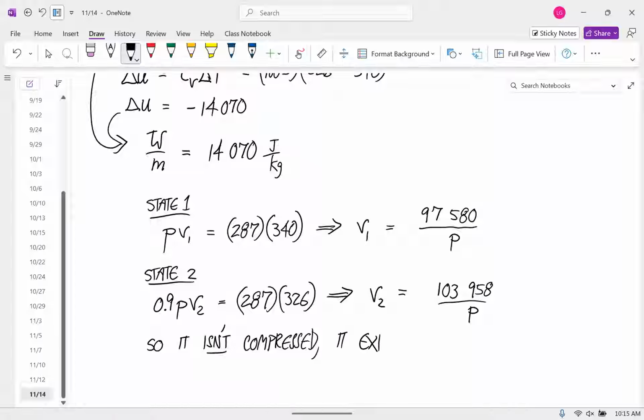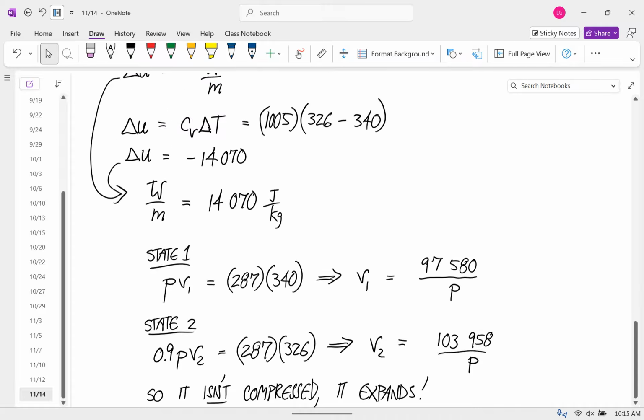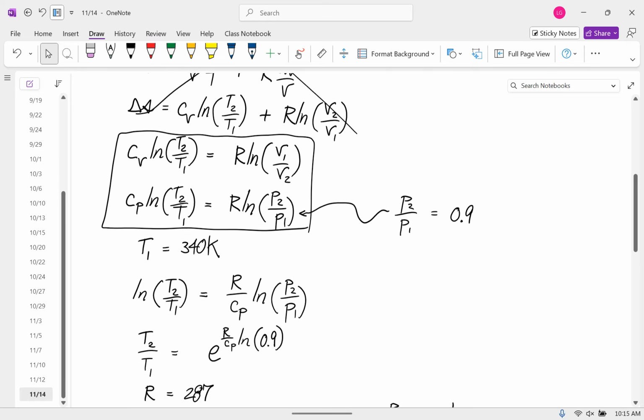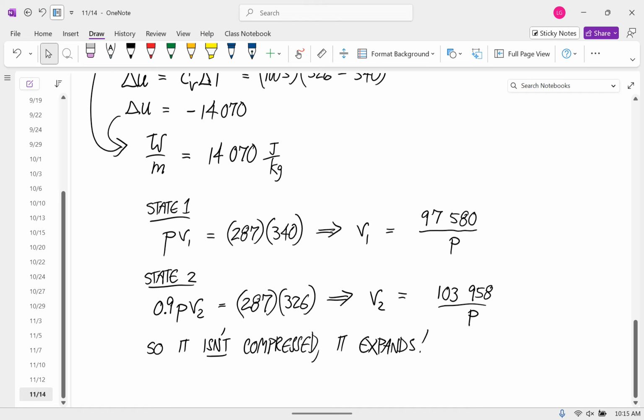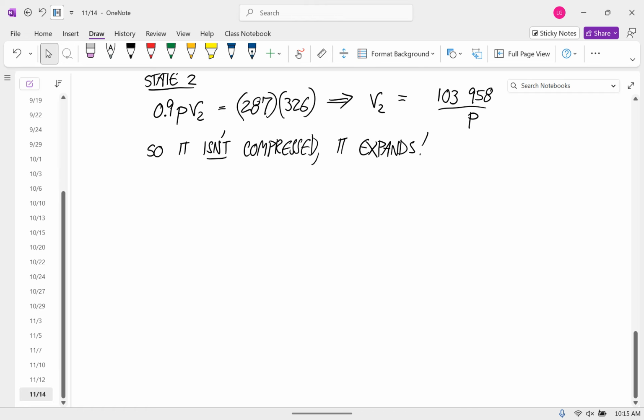It expands. Any questions about that problem? Okay.